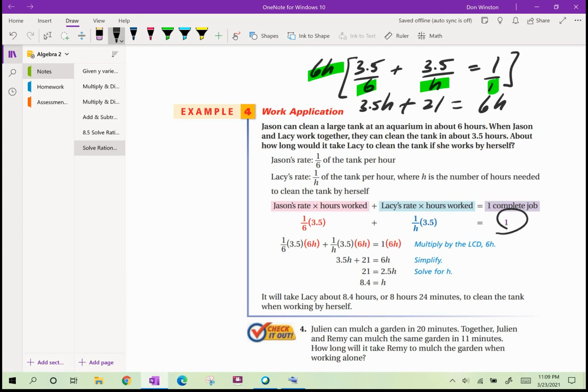So we have 3.5H plus 21 is equal to 6H. And then we solve and we get 8.4 hours.